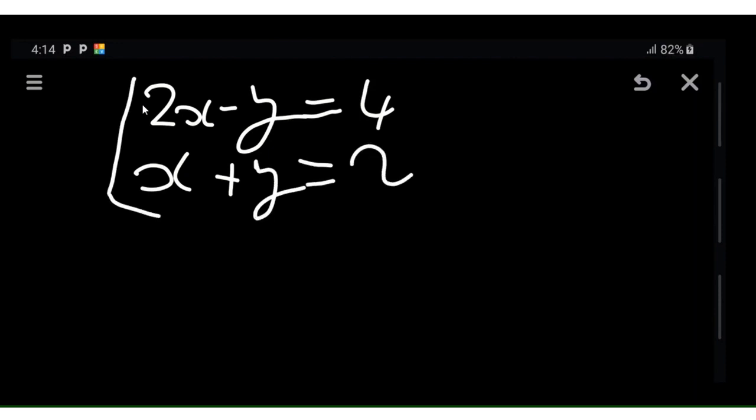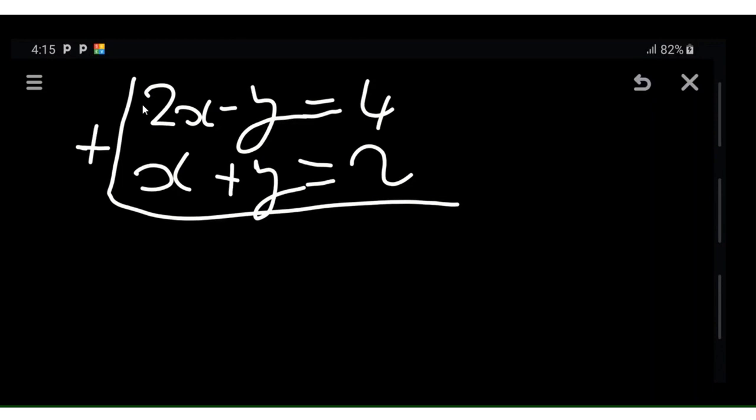So from here we can add. So you follow what is cancelling. So we need to cancel one and find the value of one variable. So I'm cancelling y here. I want to put plus here, so that if I put a minus, then nothing will cancel, because they are different.